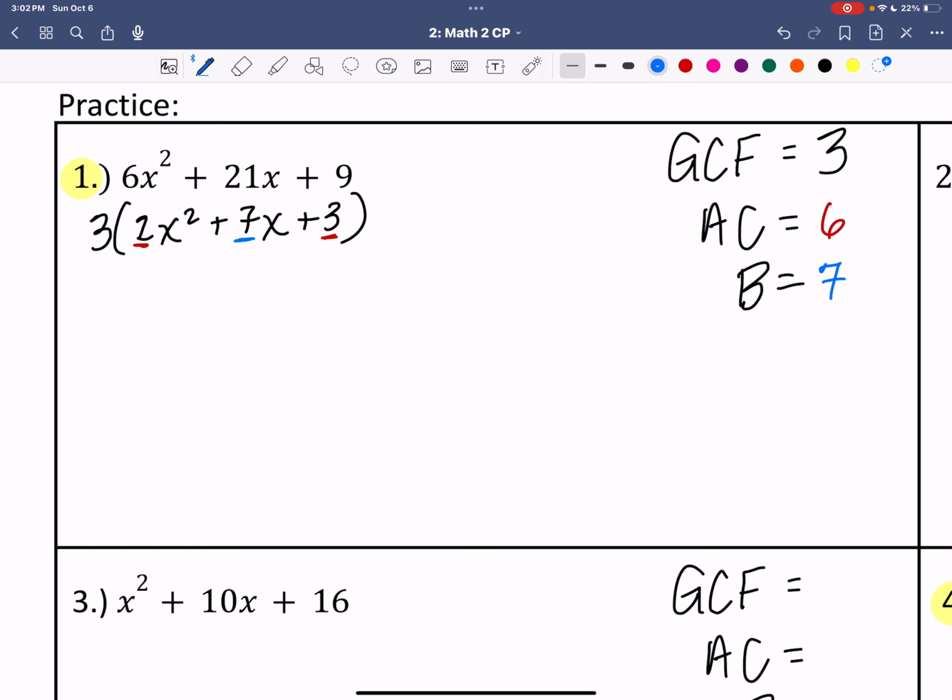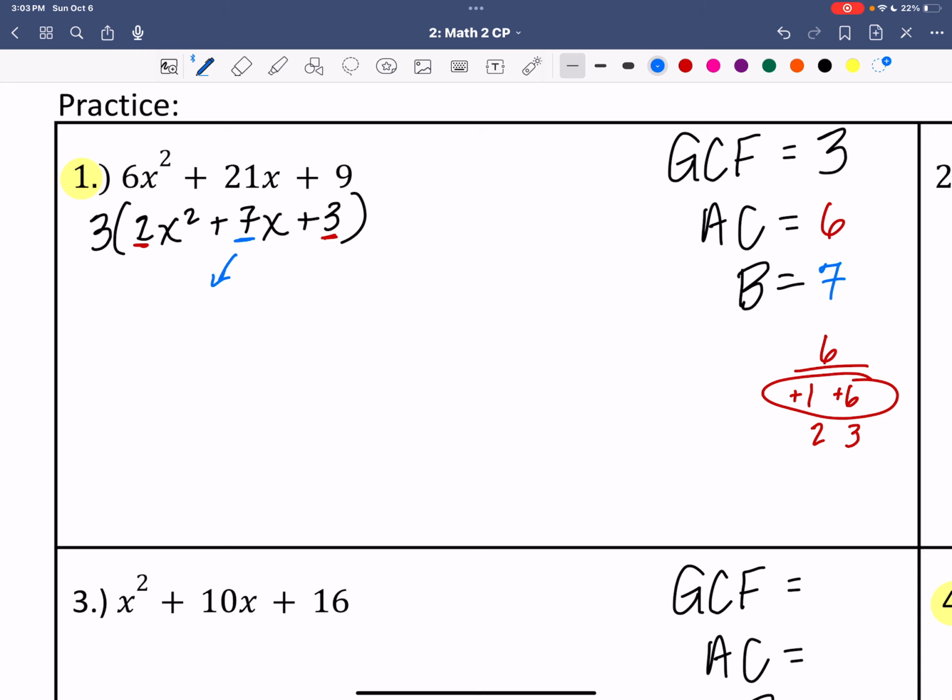So if you were to look for your factors for 6, you've got 1 and 6, 2 and 3, and 3 and 2. So we need to figure out which ones we can use. Let's use 1 and 6, and it's positive 7. So that means they both need to be positive. So now let's go ahead and break this.